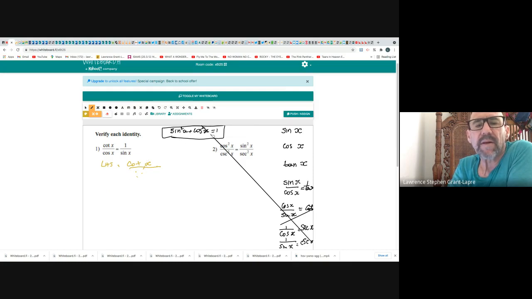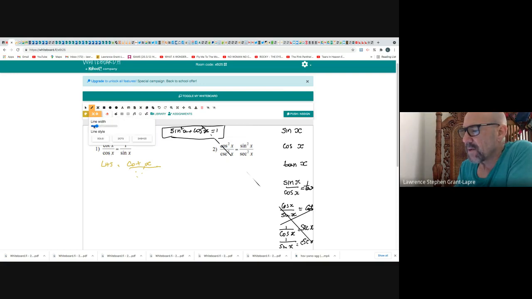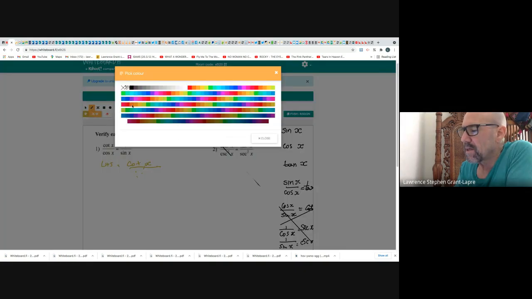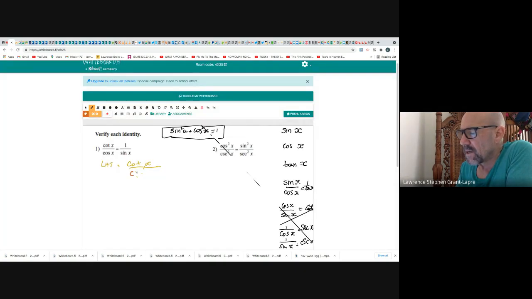I didn't want that line there. Now, over cos x, so I'll just make that a bit thinner. So cot x over cos x, that's the left-hand side.